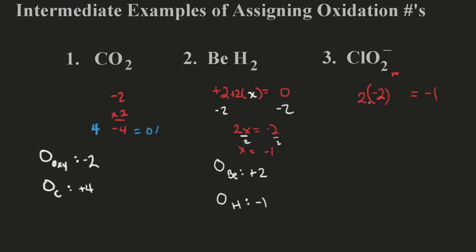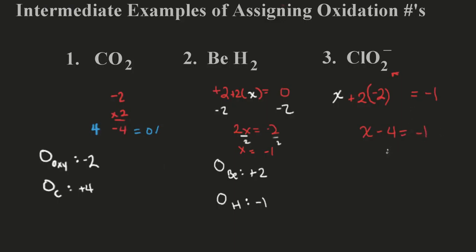So I ask myself, what do I need to add? Again, I'll label it as x, to what I have now to get a -1 charge. So just solve the equation at this point. We're going to multiply, and we get x minus 4 equals negative 1.